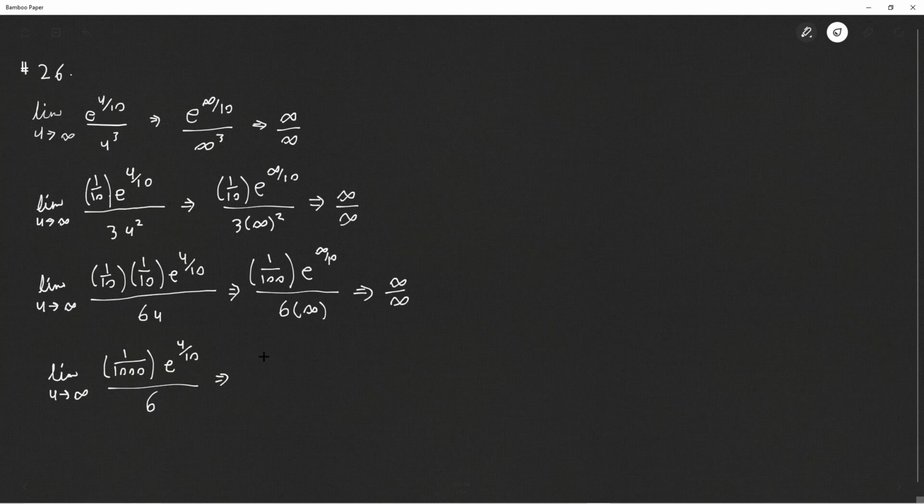But when we plug in infinity here, we get 1 over 1000, but we still get e to the infinity over 10. And that will be divided by 6, which will just give us infinity over 6, which means that even though we did all the L'Hopital's rule, our limit will still be equal to infinity.